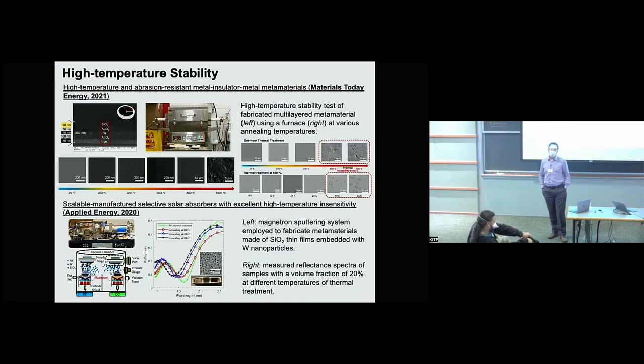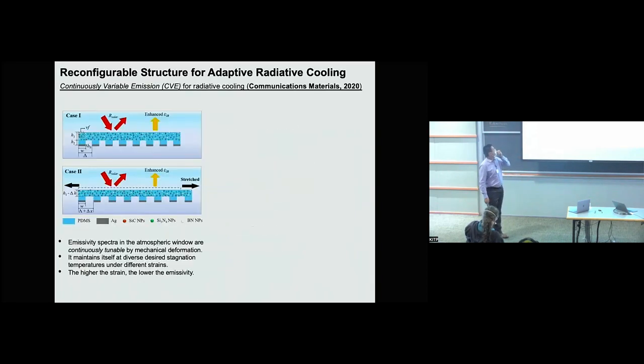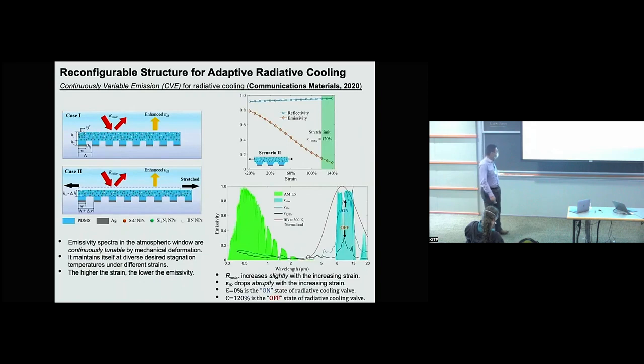Our goal was to demonstrate the thermal insensitivity of the thermal emitter and thermal absorber materials for both far field and near field TPV energy conversion systems. And this is the work I want to show you.